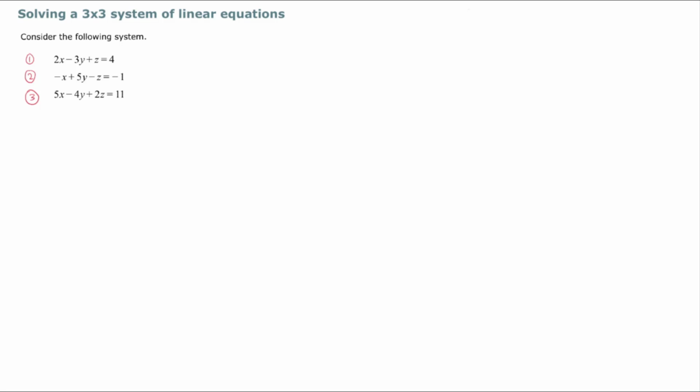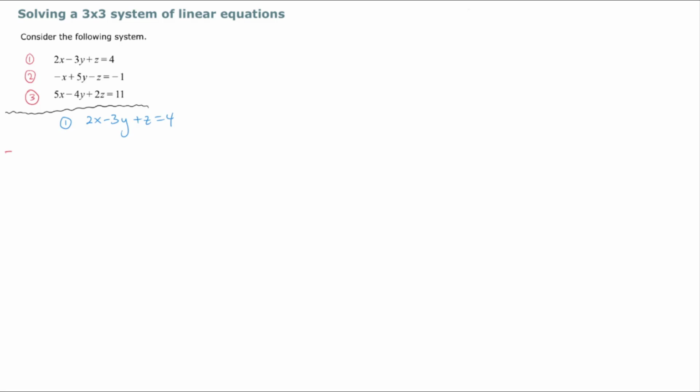The first thing I'm going to do is rather simple. I'm going to take equation 2 and multiply it by negative 1. So I'm going to keep equation 1, which is 2x minus 3y plus z is equal to 4. I am going to multiply equation 2 by negative 1.